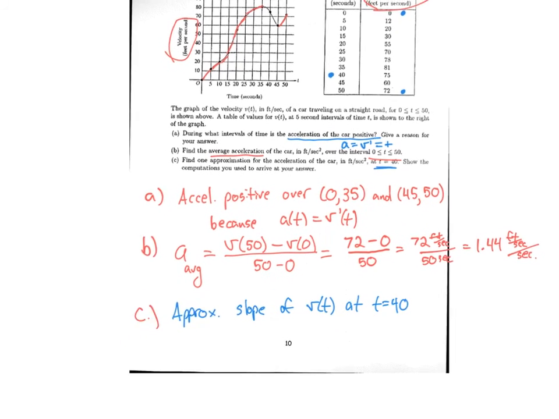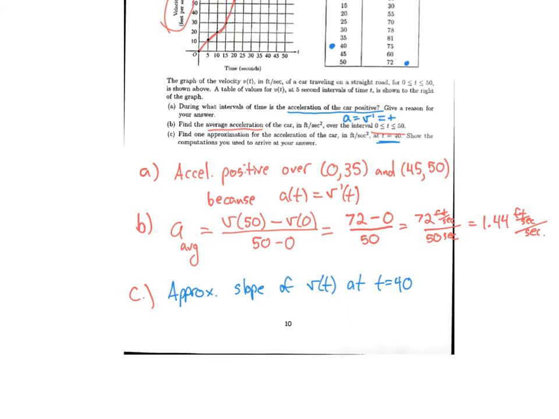So we're going to set up a few options that you could do. You could find the slope between 35 and 40. You could find the approximate slope between 40 and 45, or you could also find the slope between 35 and 45.